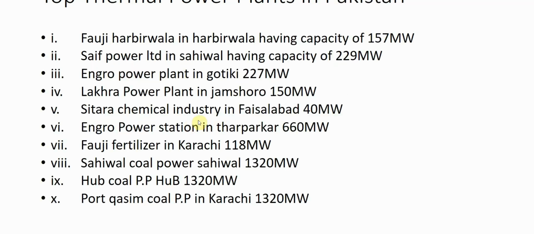Now the top thermal power plants in Pakistan, top 10. For example, here as you can see, Hyderwala having the capacity of 157 megawatts. You can also search again, maybe another high capacity is available now, but according to my information, these are the top 10 thermal power plants in Pakistan.